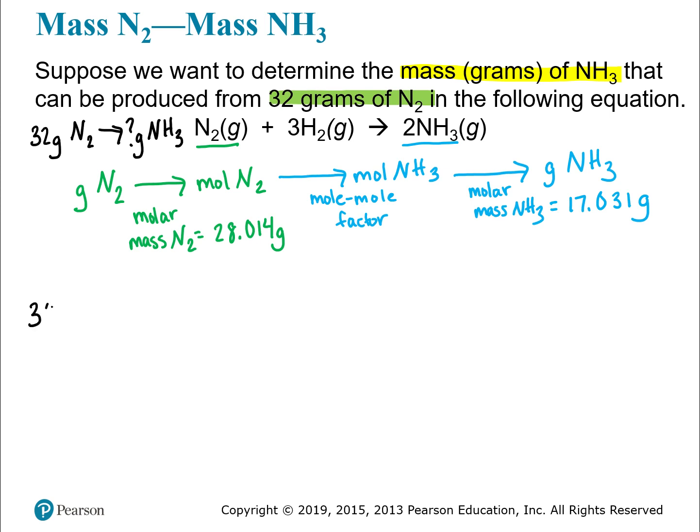Let's start filling in the numbers here. The grams of nitrogen gas, we have 32. That was our given information, right?